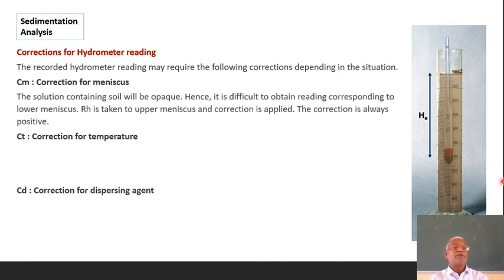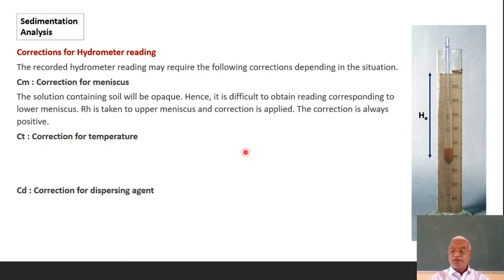Now what are these? The solution containing soil will be opaque. Obviously you will not be able to see the meniscus bottom properly. Hence it is difficult to obtain a reading corresponding to the lower meniscus. Rh is taken at the upper meniscus and a correction is applied. The correction is always positive.